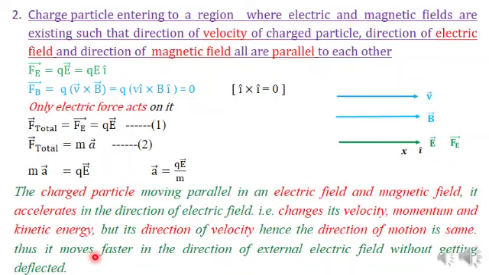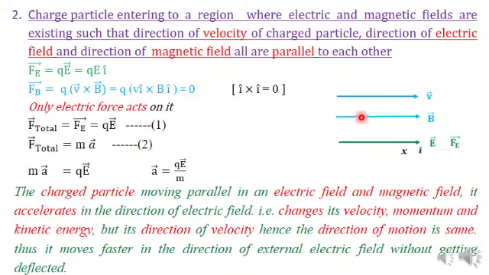We can now discuss the force acting on a charged particle when it is moving parallel to the direction of electric and magnetic fields which are already parallel to each other. Consider a region where electric and magnetic fields act along the x-axis as shown in the figure.